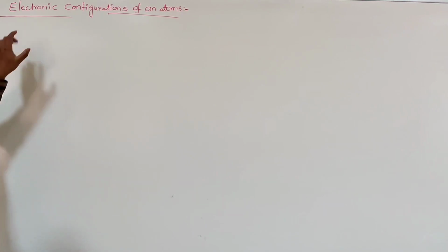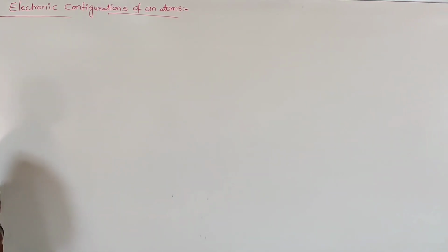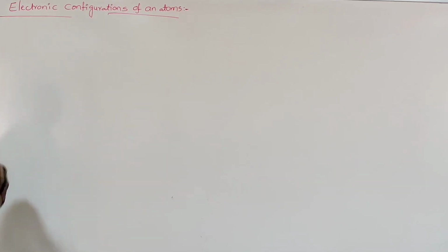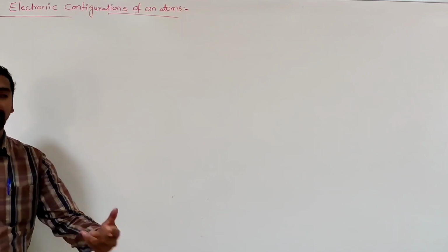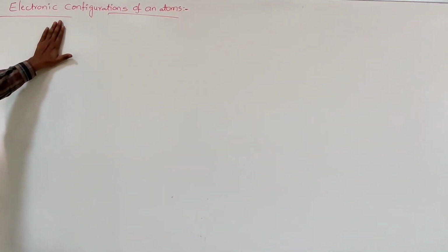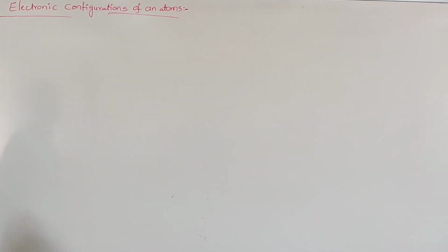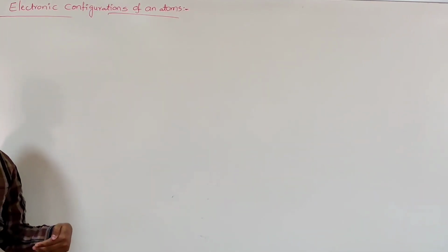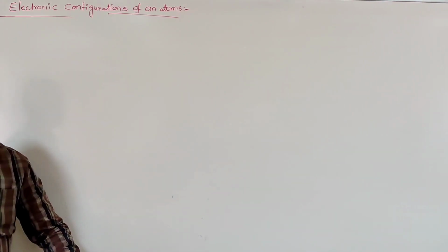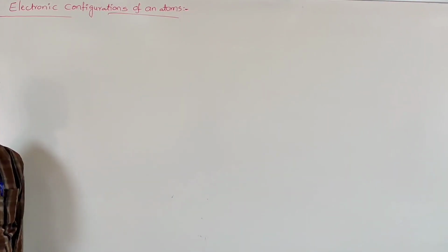So our next topic is electronic configuration of atoms. This might also be familiar to you from your 10th class. Whatever you write as electronic configuration is generally treated as a hypothetical process. So what exactly do we mean by electronic configuration? So far we discussed the energy of different orbitals, which have lower energy and which have higher energy.